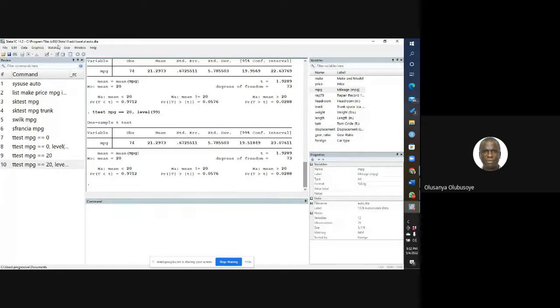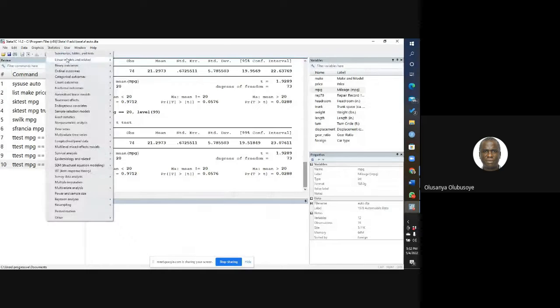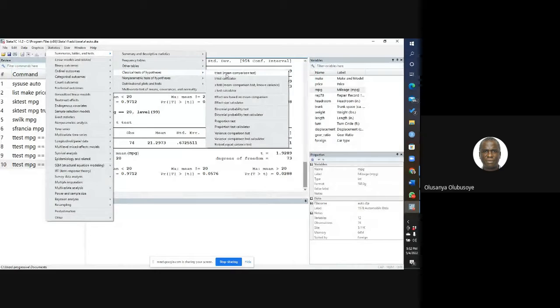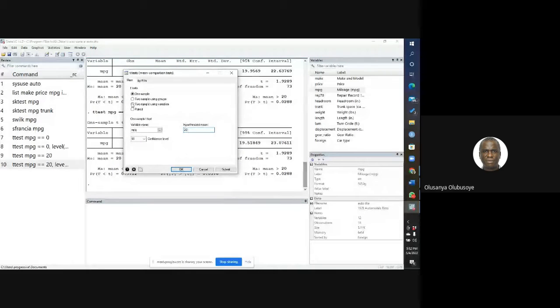Okay, let's move on to the third one, where, oh, sorry, the second one, where you have two samples using groups. So in this case, I want to look at MPG.